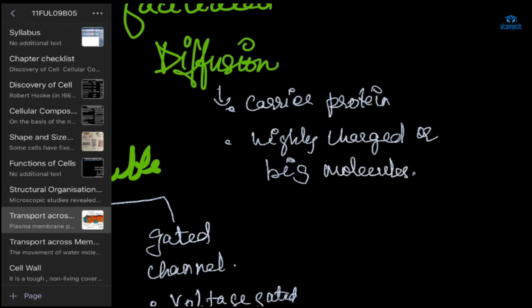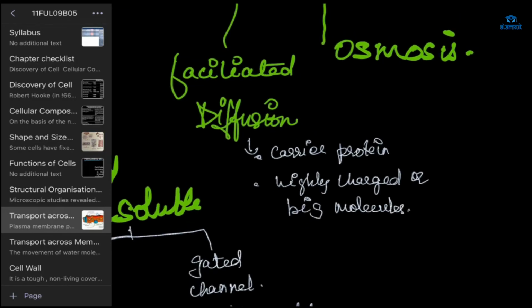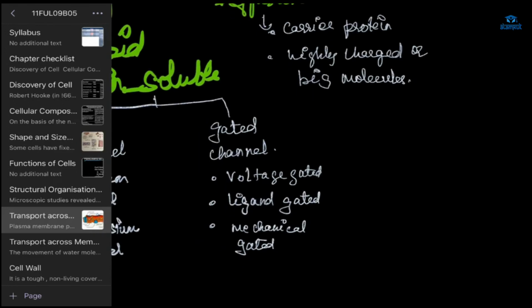Okay, next we have the osmosis. I think osmosis I have already told you before. Ma'am, it's the water one. Yes, diffusion of the water. The simple way we can say. What is osmotic pressure?